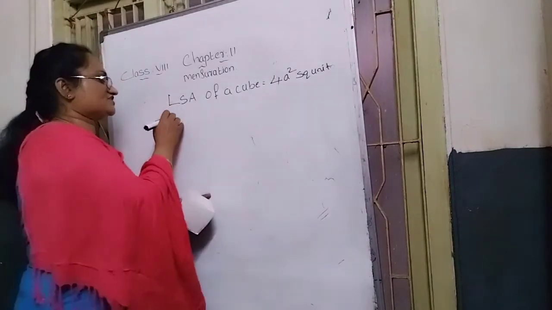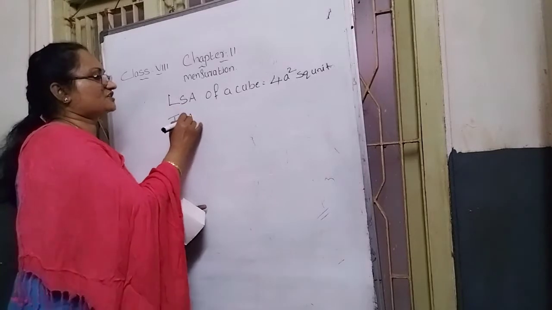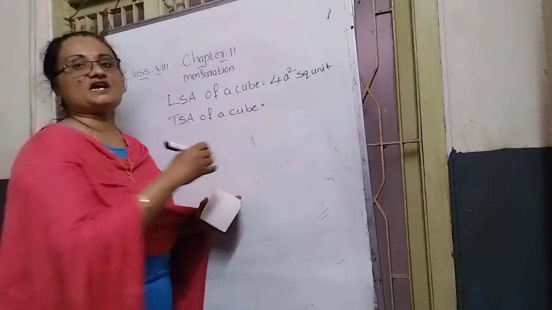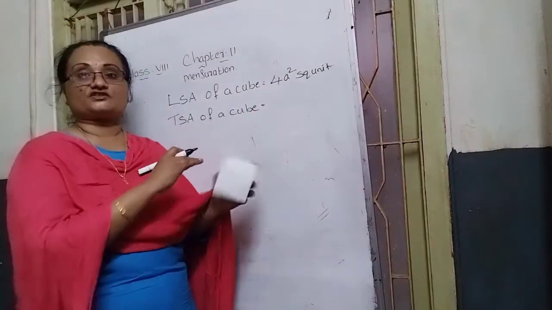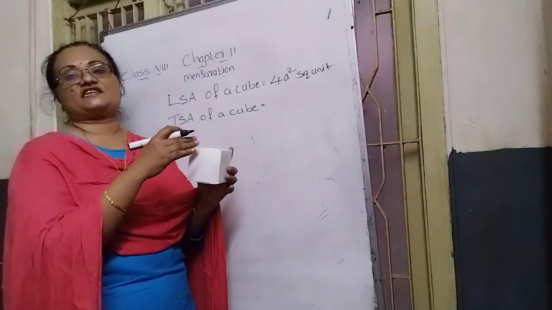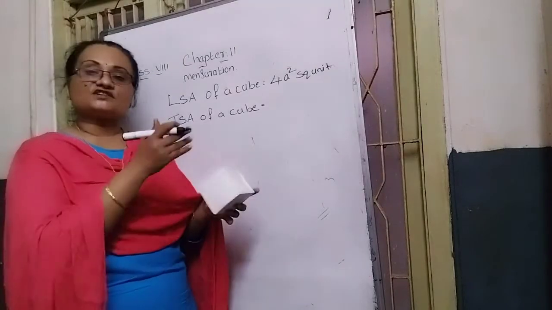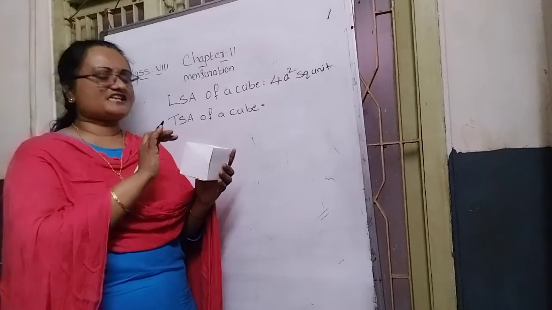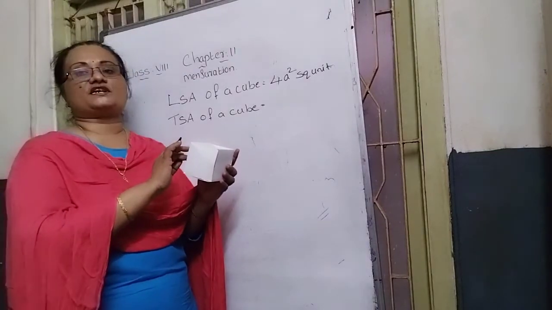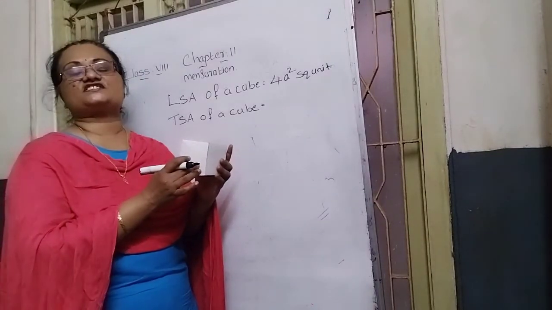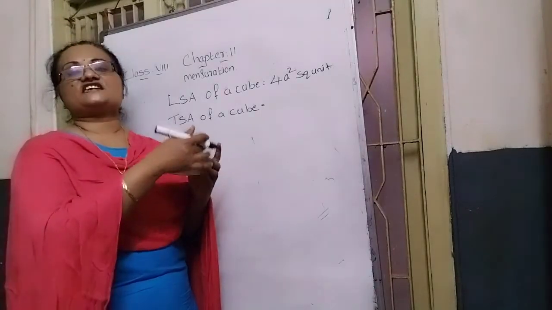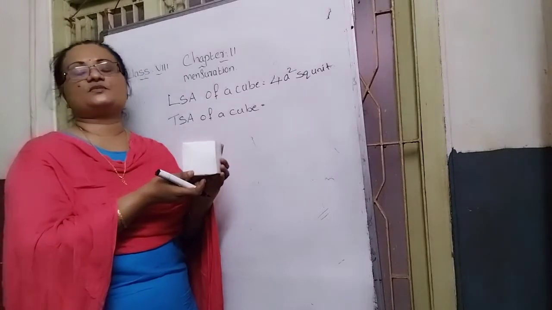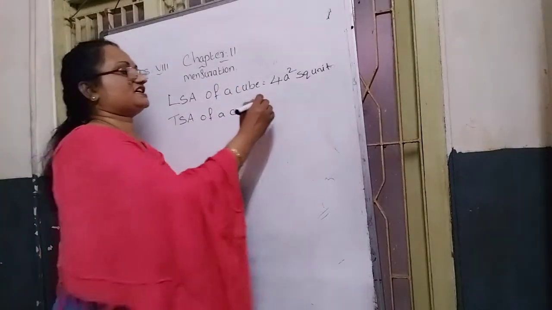The next term is TSA, the total surface area of a cube. How to find it? Total means the full face area. Here also, how many faces? 6. All these 6 faces are in which shape? Square shape. So first face area plus second plus third plus fourth plus fifth plus sixth face area, 6 faces are there.